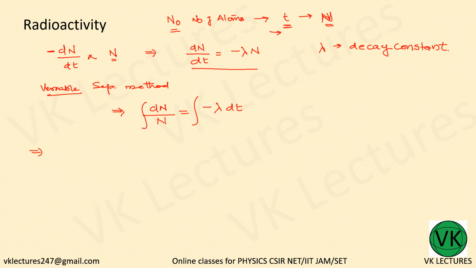What you are going to get is log N = minus λt plus log N naught. I write N naught because at t equal to 0, I know N will be equal to N naught, where N naught is the initial number of particles.